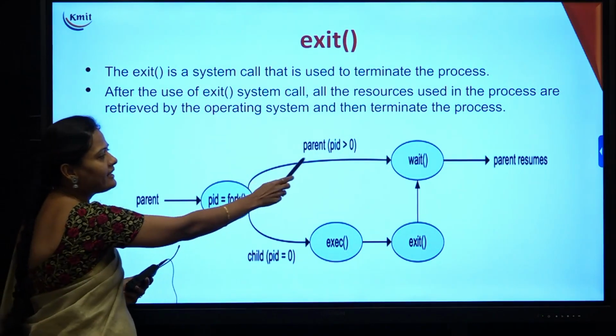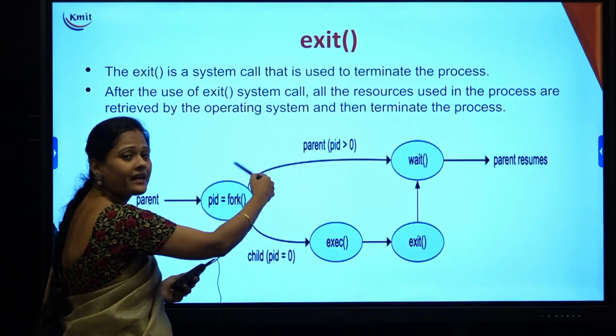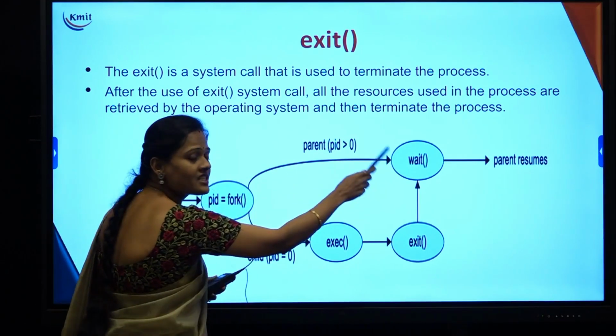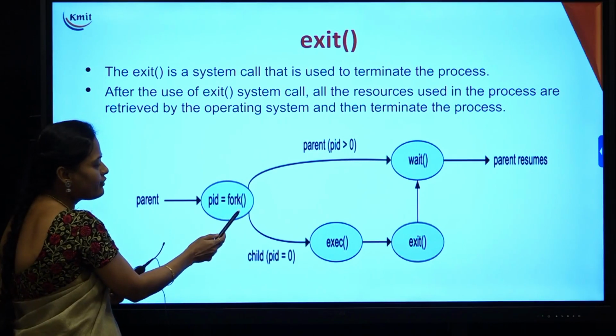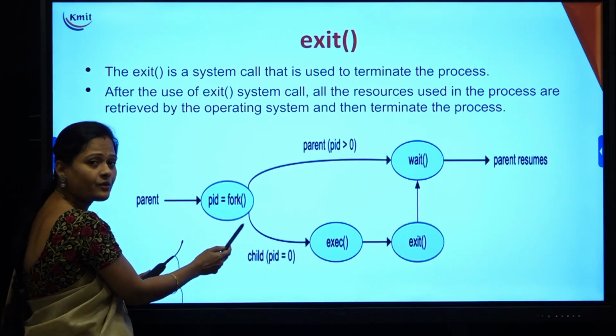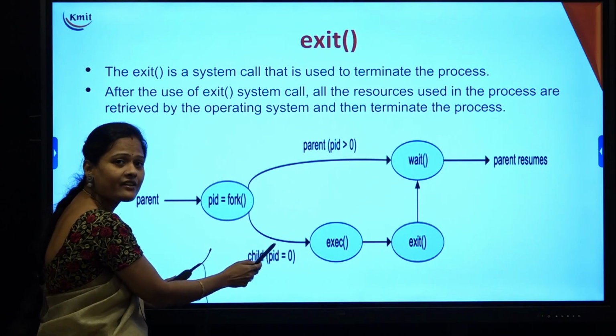If your PID is greater than 0, it means that the parent has created a child. In that case, the parent process will just wait. And if your PID is equal to 0, it means that the child process is executing the fork and getting the value as 0.